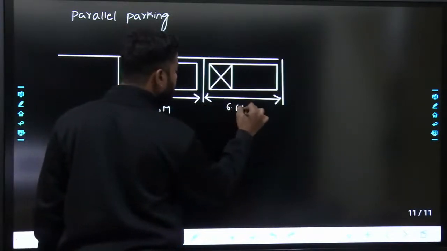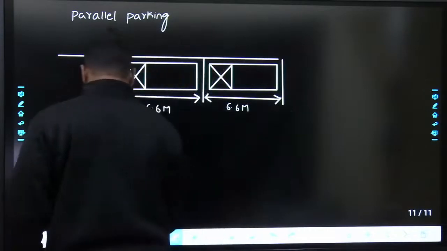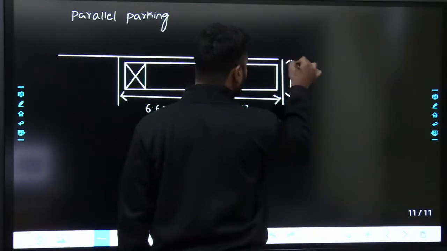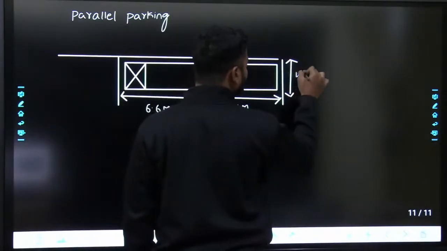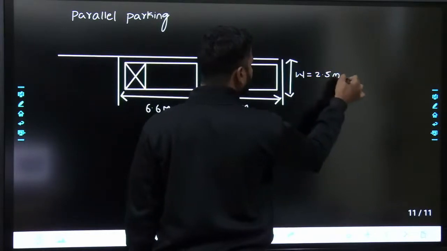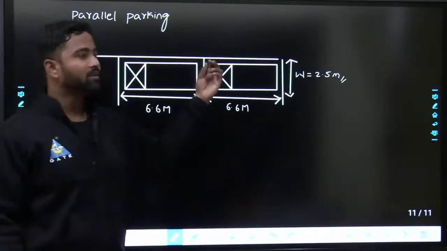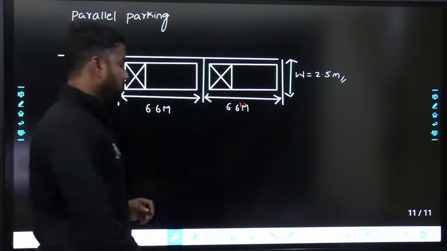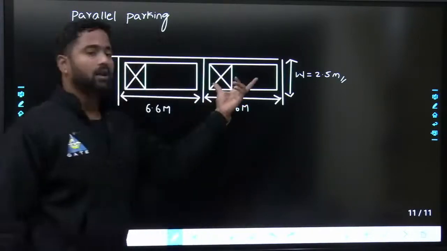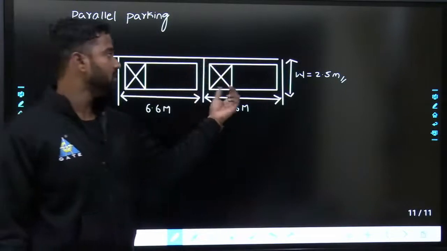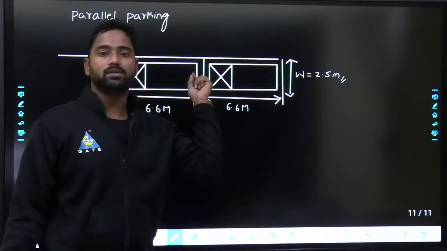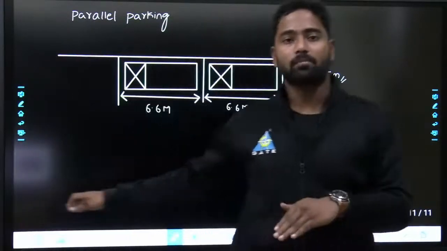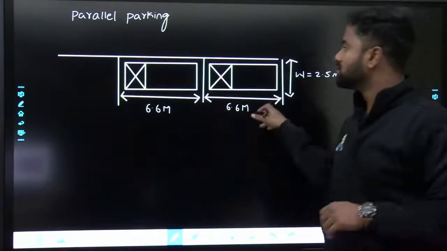This will also be 6.6 meters, and this will be equal to the width of the vehicle. Width of the vehicle we generally take as 2.5 meters, W equals 2.5 meters. If you remember, I gave the maximum width of the vehicle as 2.44 meters, so there will be a gap of 0.6 meters for clearance. Similarly, the maximum length of the vehicle I have given is 6 meters. You give 0.3 meters this side and 0.3 meters this side, so that they can easily park and take the vehicle out. If you are parking like this, it is called parallel parking.